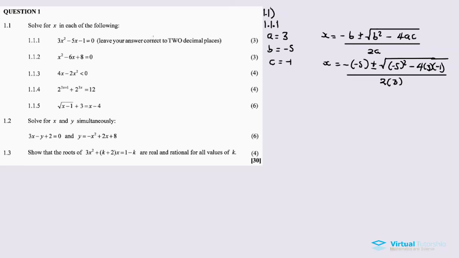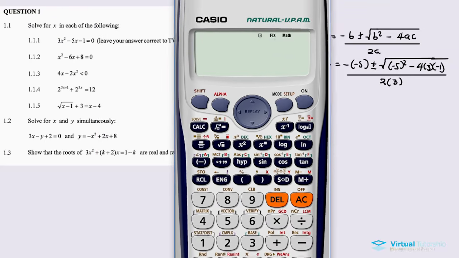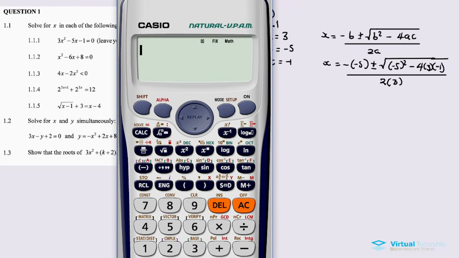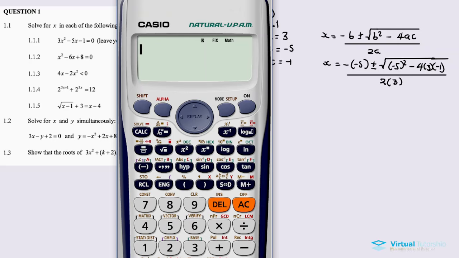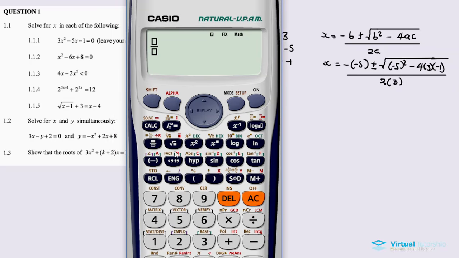Now we calculate, but correct to 2 decimal places. There's no other way of simplifying the equation without using a quadratic formula and a calculator. Completing the square, you also just use a calculator, but the quadratic formula is the best way.